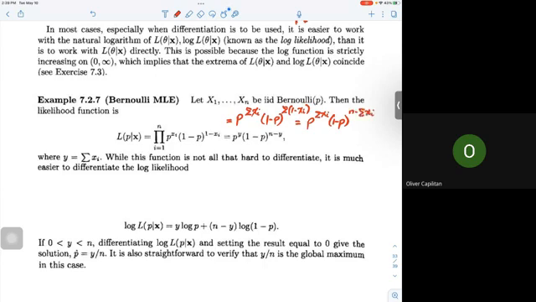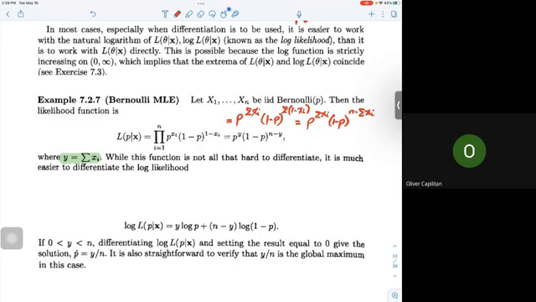So if we let y be equal to the summation of x sub i, then we have p to the y, 1 minus p to the n minus y. Okay, so say we're going to find the log likelihood function for this.